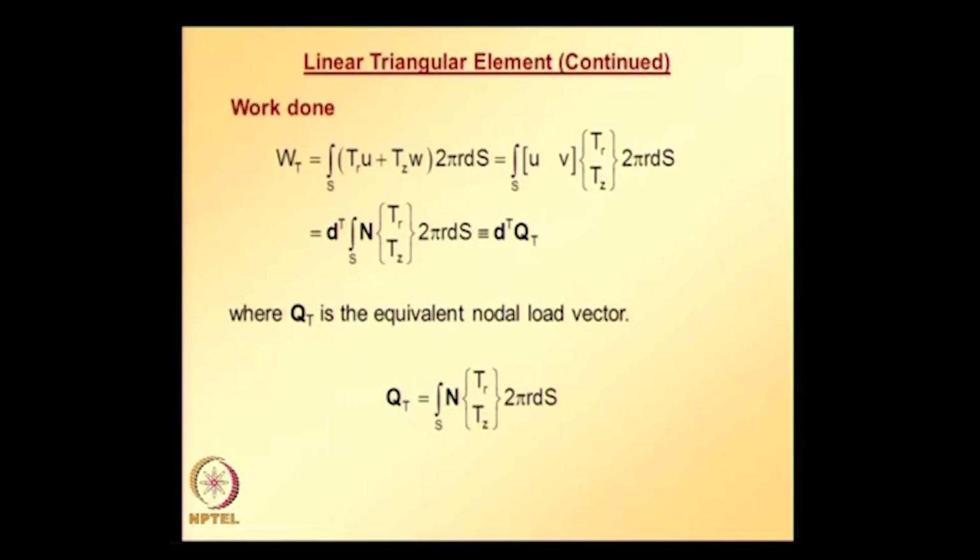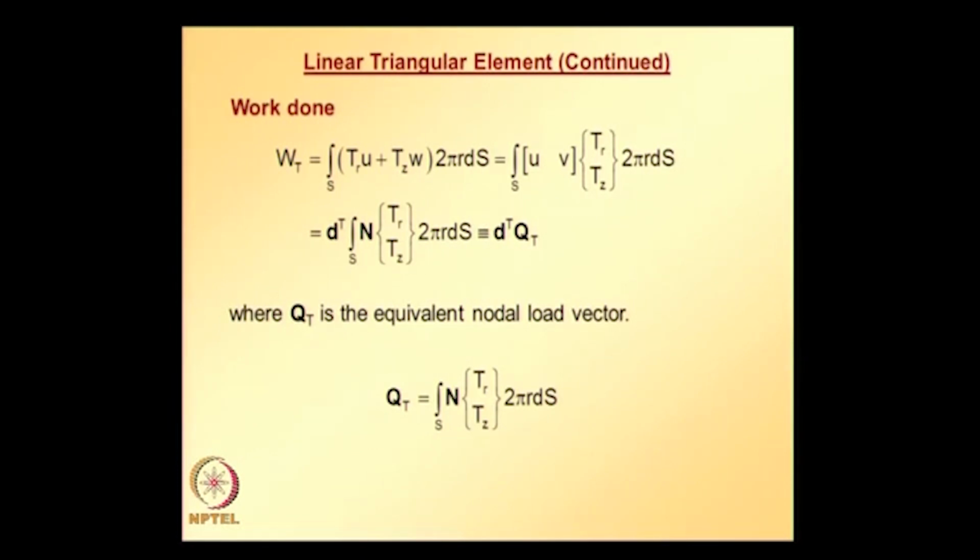To evaluate Qt we need to know what N is. N is a matrix consisting of shape functions along the side or element edge over which tractions are specified, or over which we are interested in assembling this equivalent nodal load vector.